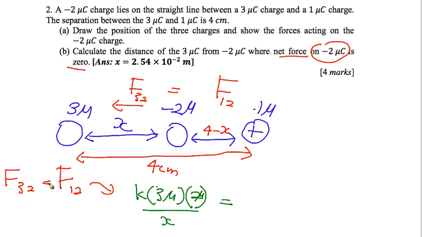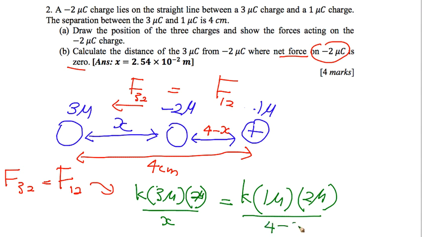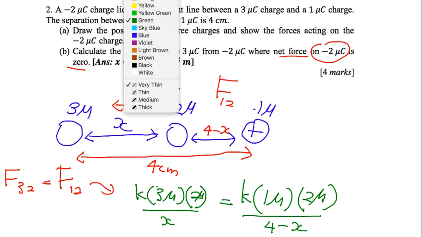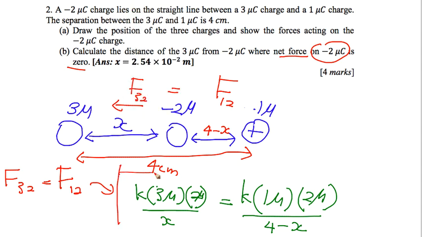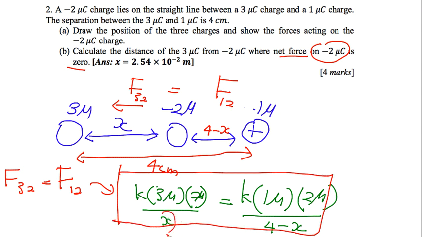This is equal to the force of charge 1 on charge 2, which is k times the 1 microcoulomb charge times the 2 microcoulomb charge, divided by the distance between charge 1 and negative 2, which is 4 minus x, squared. So you can use these calculations to find the value of x.